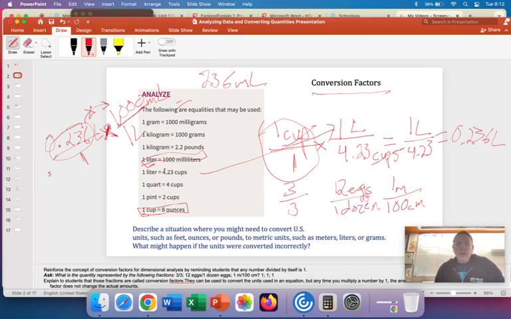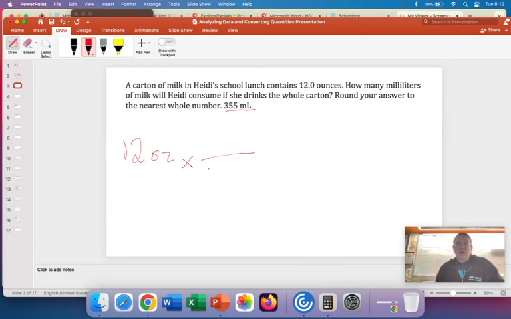What we'll have to do is convert first ounces to cups. So let's do that first. 8 ounces is 1 cup, so how many cups did she drink? Ounces will cancel.